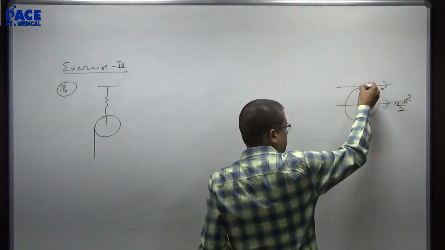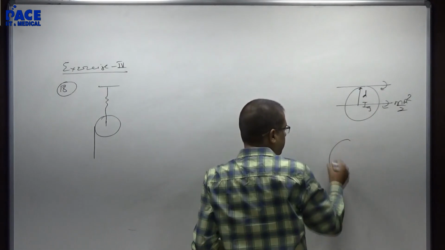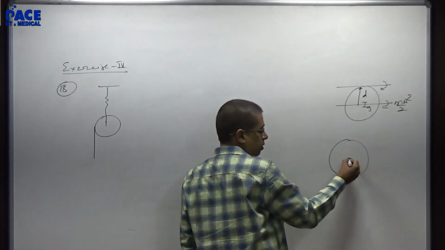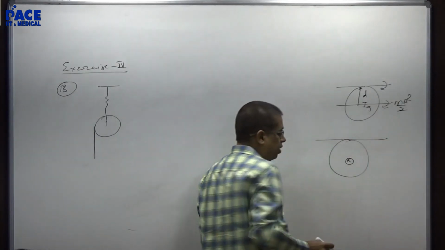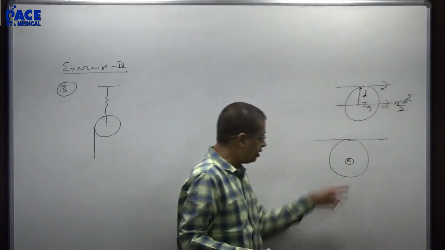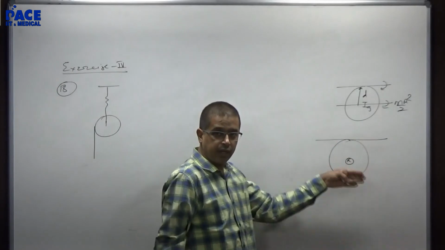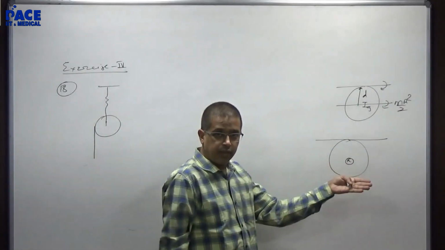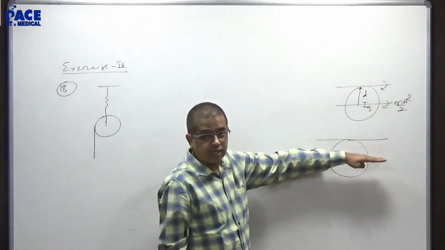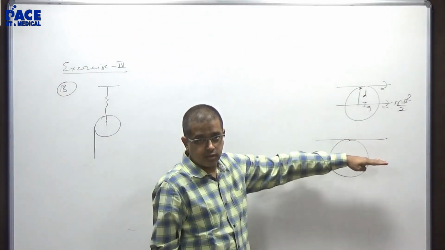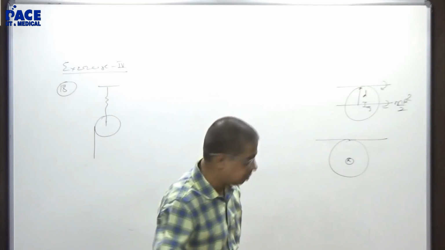This is not the axis. If this were the axis, then I would take mr square, and this would be mr square plus mr square. The axis is this. The ring is oscillating this way. Hence I need it about this axis, so I will take Ig about this axis. Okay, thank you, sir.